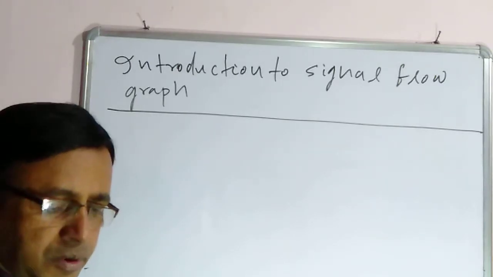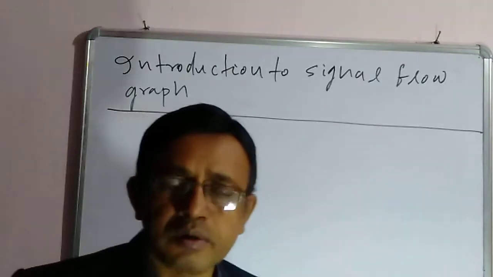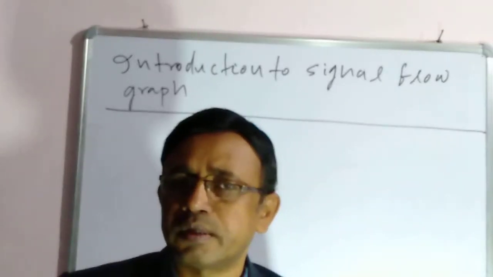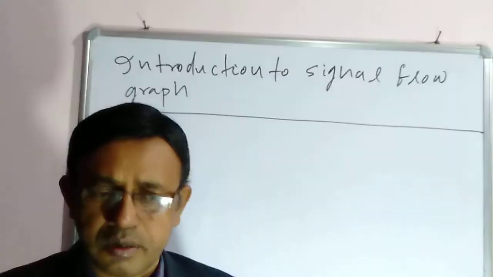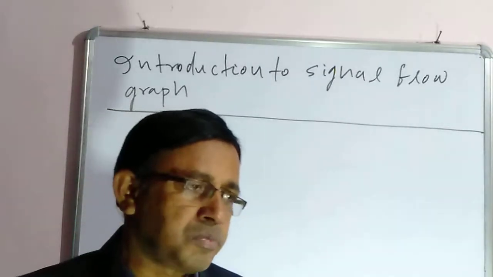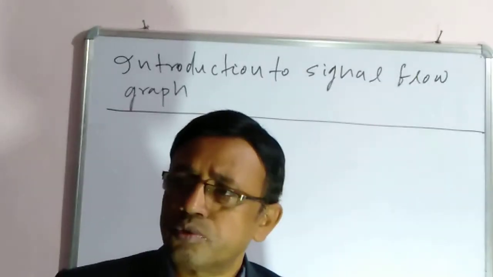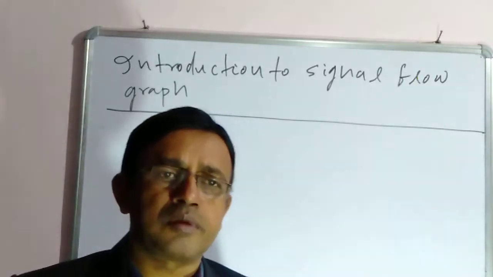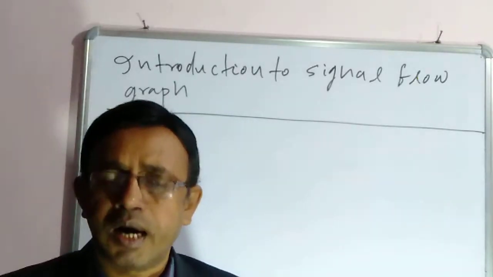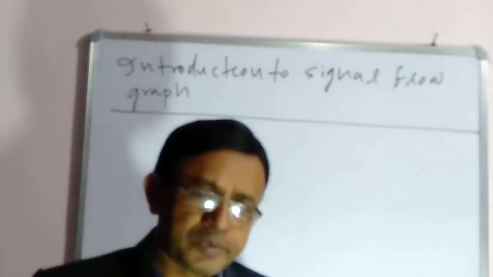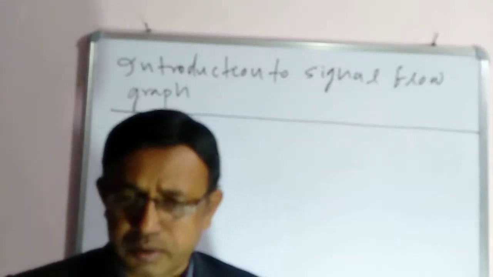To understand this, let us consider the speed control of a DC motor. The speed of a DC motor can be controlled by the armature control method and also the field control method.